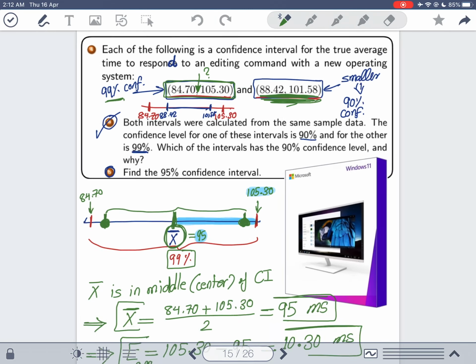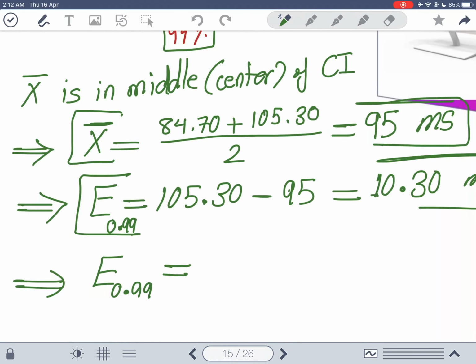So we will say that this equals Z sub c, which is 99, times sigma x bar. I didn't write sigma over radical n because both of them are unknown in this case, so I just write it as sigma x bar to save space.